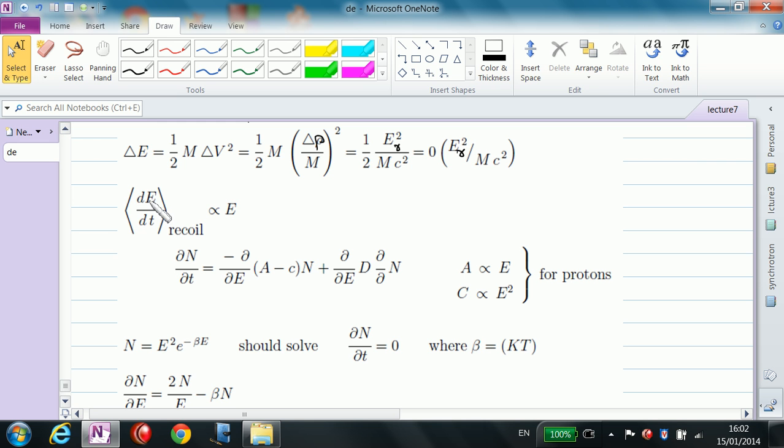So the rate at which the photon loses energy looks like it's proportional to E squared, folks, and not E.